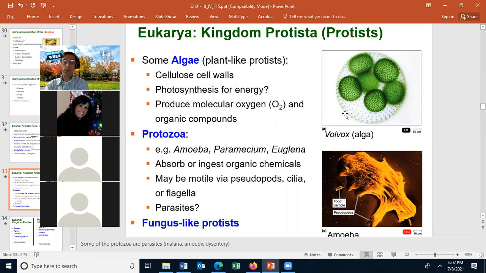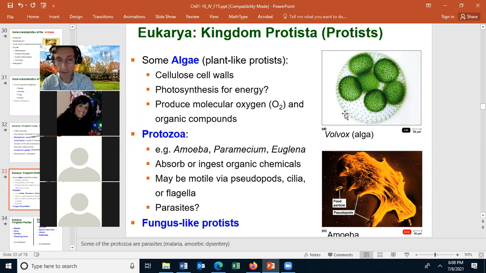Some of the protozoa are parasites, like malaria, Entamoeba histolytica, which causes amoebic dysentery. That's throwing up and diarrhea, if you don't know. But not all of the protozoa are parasitic and causing disease in humans.